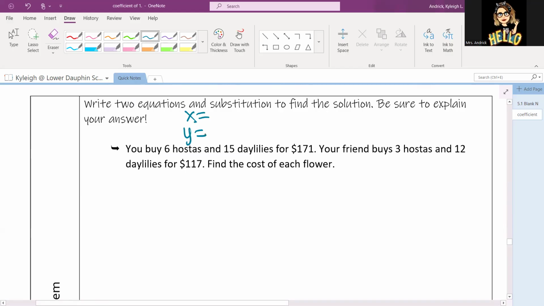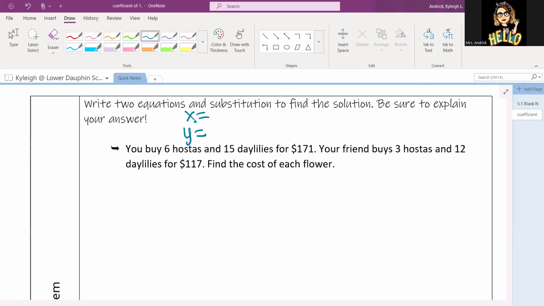Our problem says you buy 6 hostas and 15 daylilies for 171. Your friend buys 3 hostas and 12 daylilies for 117. Find the cost of each flower. So what two things are we comparing? That's what we have to figure out.